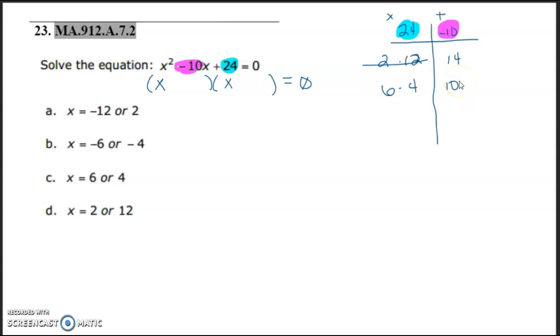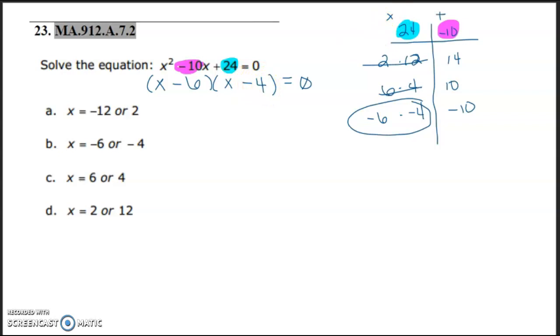Well, there's other ways we can get to a positive 24. What if we did negative 6 and negative 4? That'll get me a negative 10, and they both multiply to 24. So this is my magic pair. So I'm going to write negative 6 and negative 4.